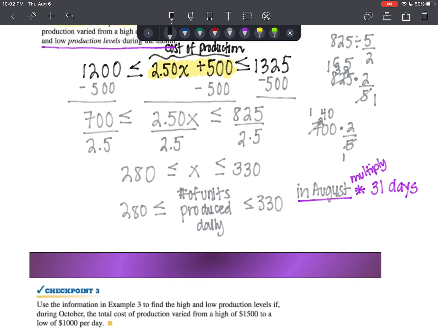So our low production is 280 times 31. I'm going to do that math real quick. 8,680, believe that, right? 8,680 units for August.